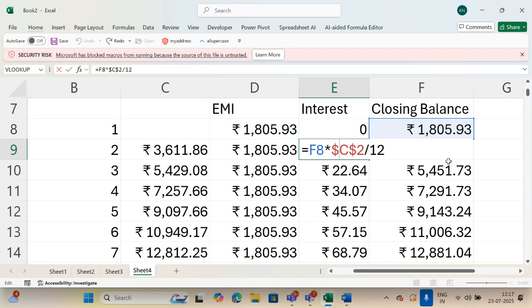F8 multiplied by C2. C2 is what? Rate of interest. That should be fixed. F8 should not be fixed, because F8 will change regularly. The closing balance will change.